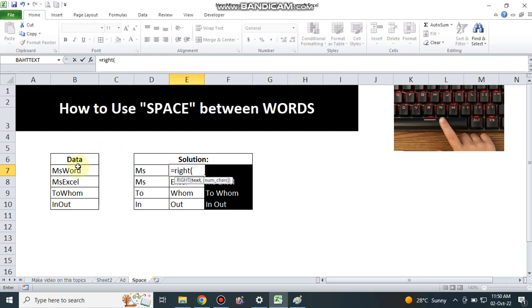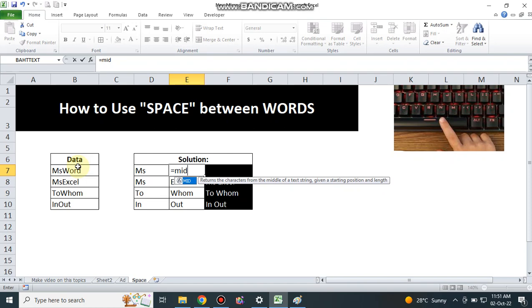Actually I can use right as well, but if I require a fixed four letters, WORD has four letters, but in Excel I have five letters, EXCEL, five alphabets. Therefore the right formula does not work in it, because on the right hand side there may be four letters, three letters, five letters, and if more letters, then it is not fixed.